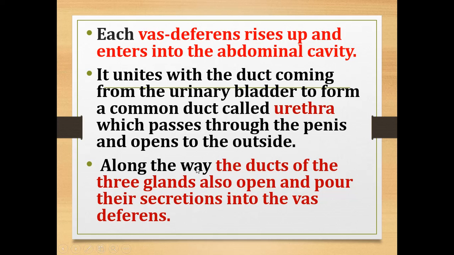Along the way, the ducts of the three glands also open and pour their secretions into the vas deferens. So from the vas deferens it passes to the urethra and then to the penis.